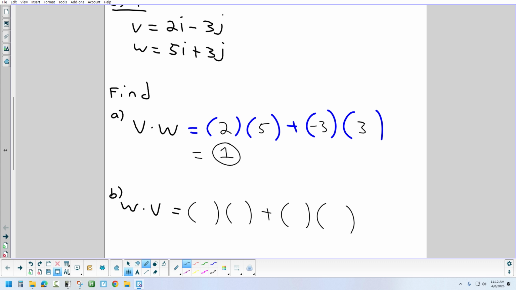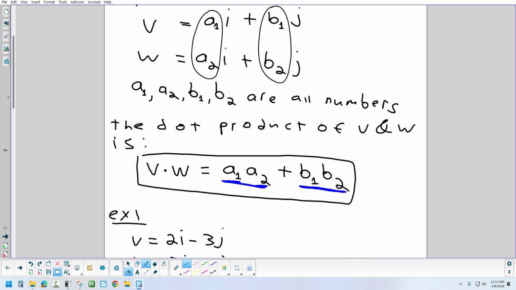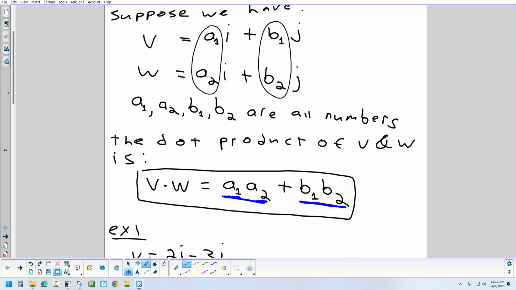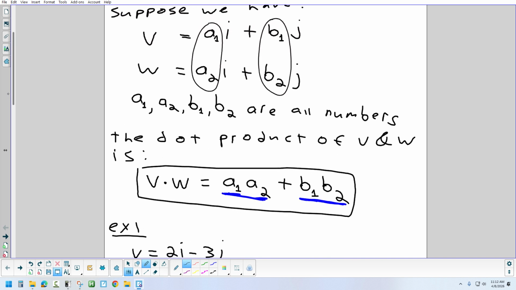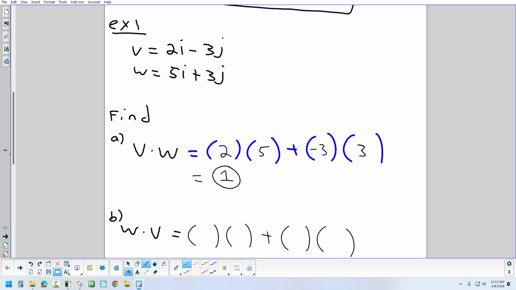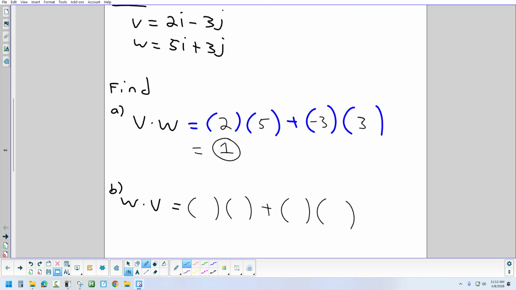Would it just be -3 and 3? Well, we still want to follow the same pattern where the A values come first and the B values come second. So it'd be 5 and 2.